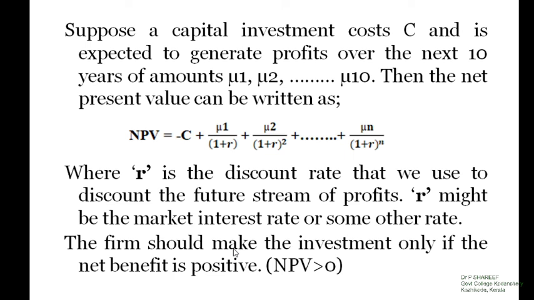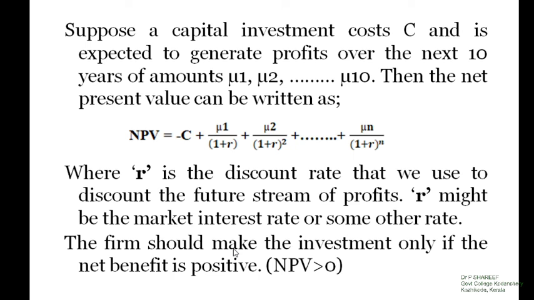Generally, net present value can be measured by using the equation NPV is equal to minus C plus mu1 by 1 plus R plus mu2 by 1 plus R square plus etc. mu n by 1 plus R raised to n. Here n represents the number of periods or number of years.